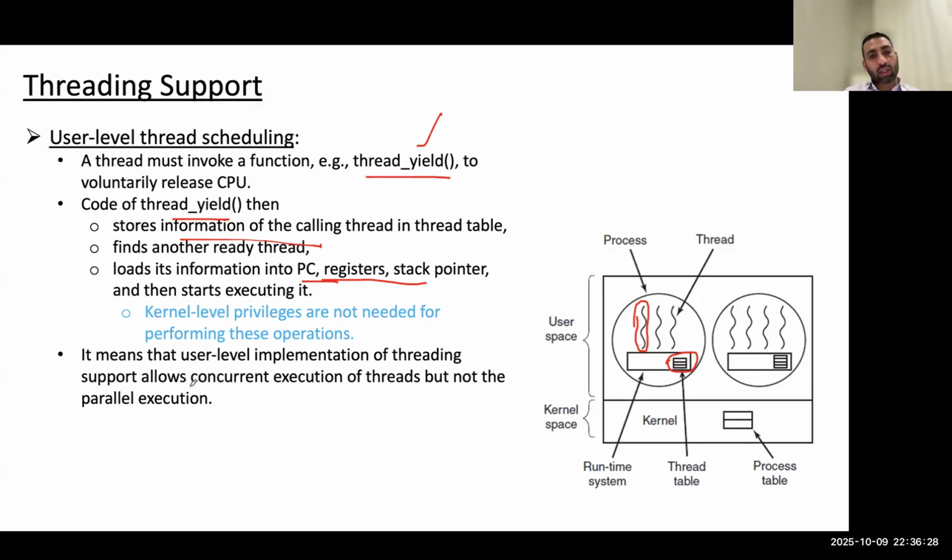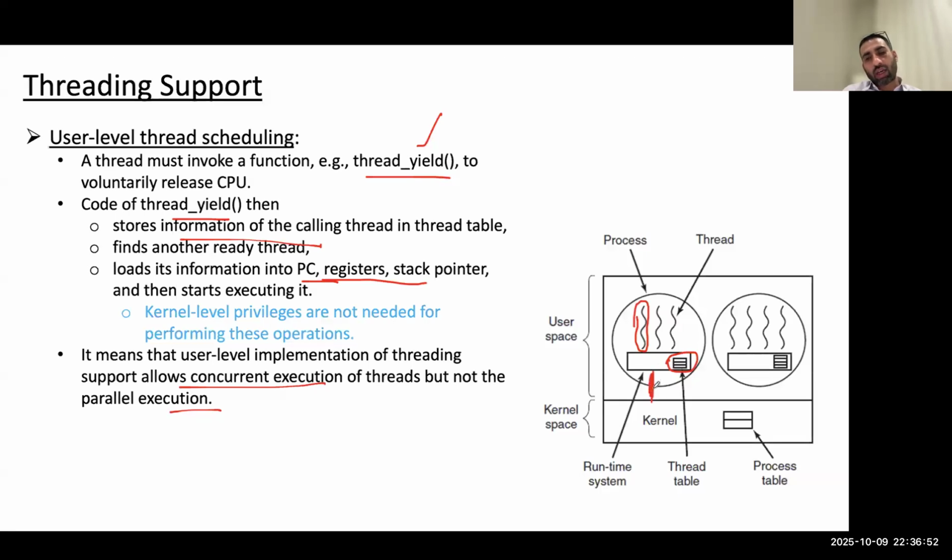We can allow the concurrent execution of threads, but cannot allow the parallel execution. Why? Because a second thread from the same process can start executing only if the previous thread has voluntarily released the core, right? Because the kernel or operating system still treats this application here as a single thread, right?